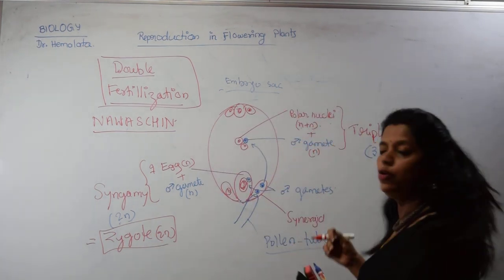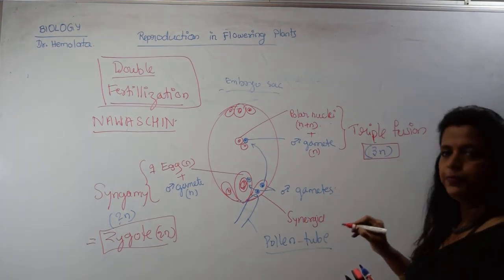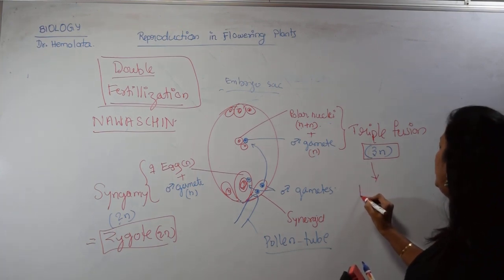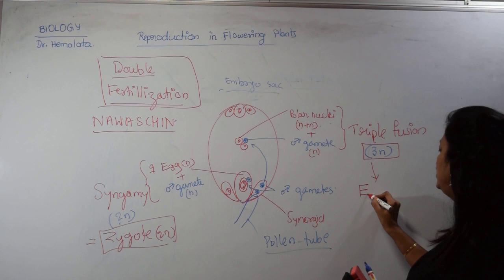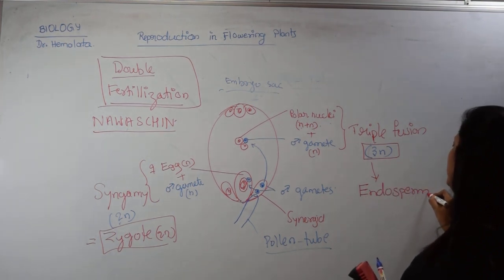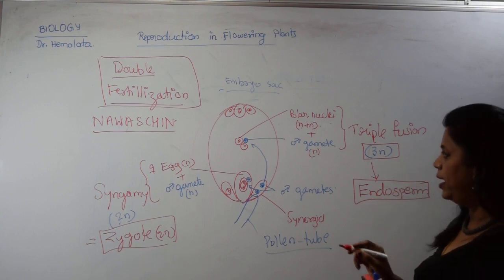But what is the fate of triple fusion? Triple fusion is the union of 3 haploid nuclei. This is going to produce the endosperm in future. What is endosperm? It is a nourishing tissue for the growing embryo.